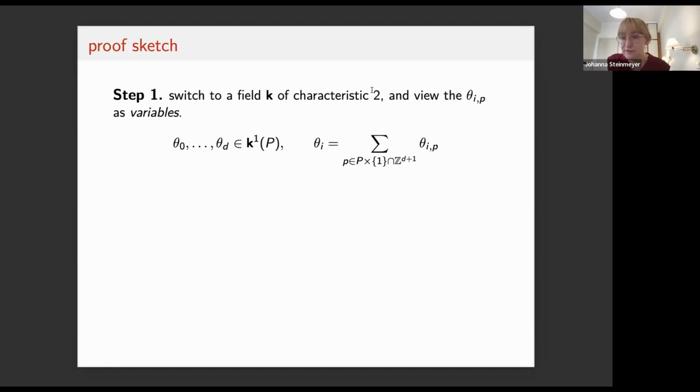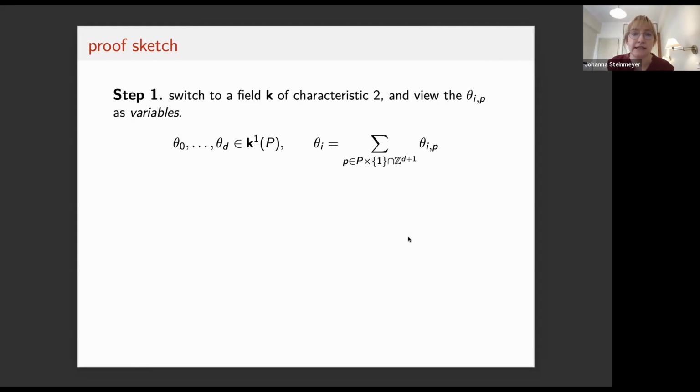We need it for the proof, but why is that fine? If we're proving it for a field of characteristic 2, why do we get it back for R? Well, same argument as I said a second ago. All we're ever proving is non-degeneracy of some polynomials, some determinants of some matrices. Okay, if they're not going to go to 0 over characteristic 2, they're not going to go to 0 over characteristic 0.